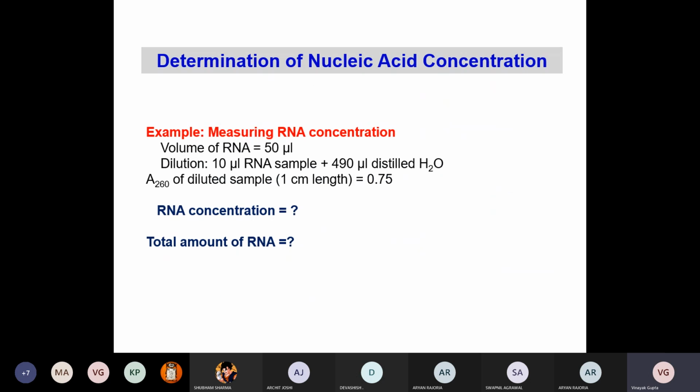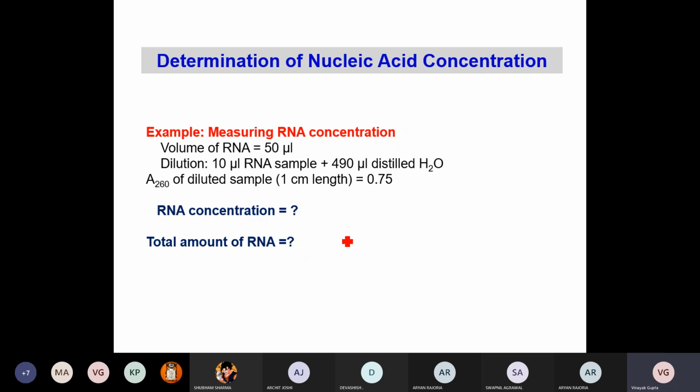Let's see this particular question. This question is with respect to RNA. The concept is the same for DNA also. Let's consider that the volume of the RNA sample is 50 microliter. That means your final volume in which your RNA sample is there is 50 microliter.